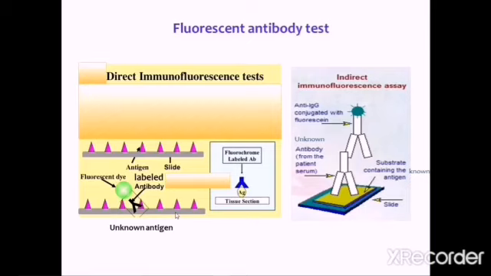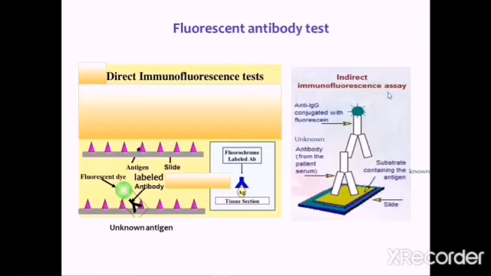It is allowed to react for 30 to 60 minutes at 37 degrees centigrade and then is observed for fluorescence under fluorescent microscope. So it is made visible by UV light in the fluorescent microscope.